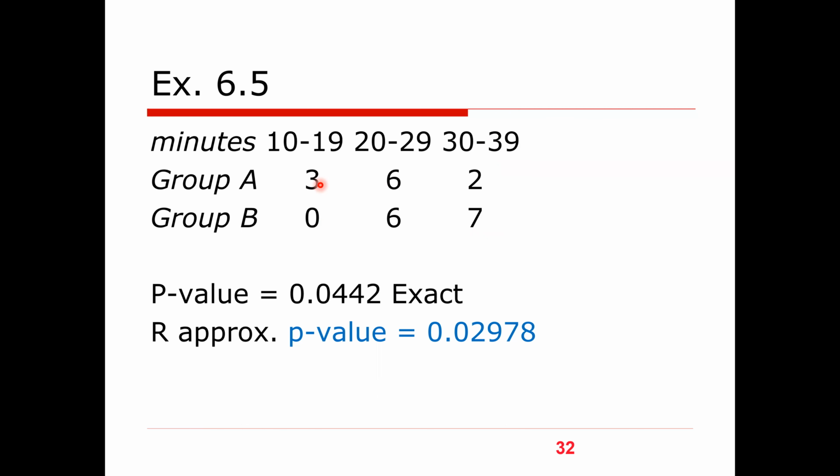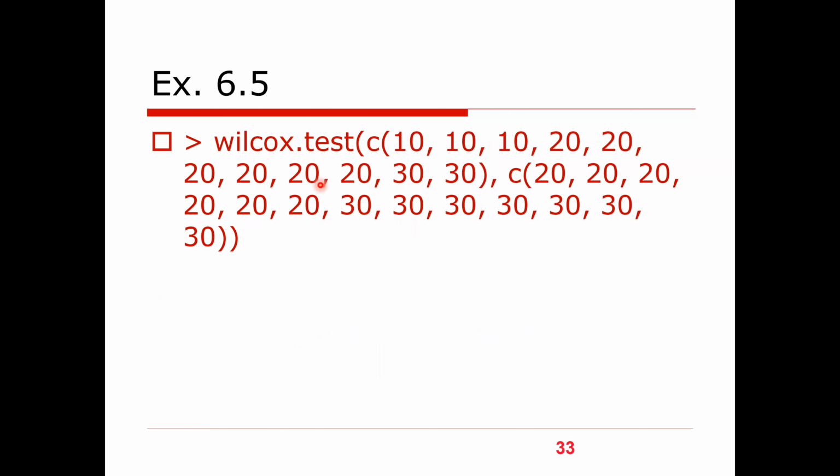So for this problem in R, we can use the Wilcox test and assign the lower bound of the range to each observation. We can assign either the lower bound or the upper bound or the mid, the center of each range. It doesn't matter, but what matters is we have to do the same thing for the 2 samples.